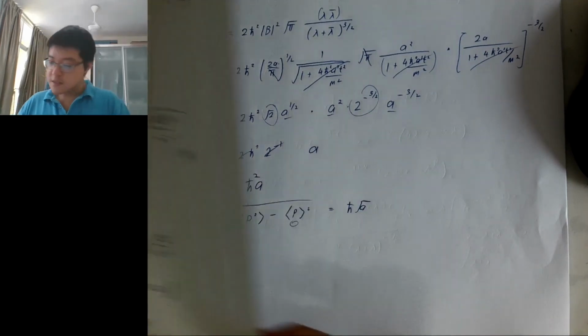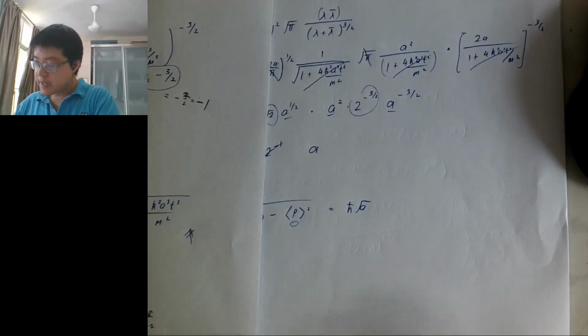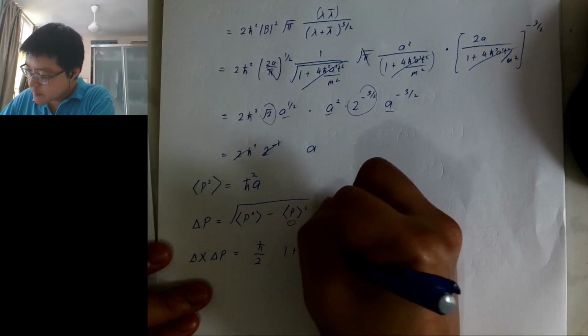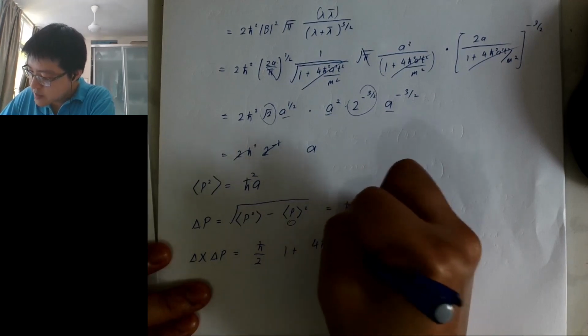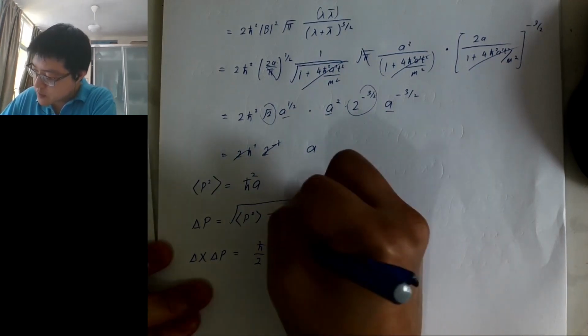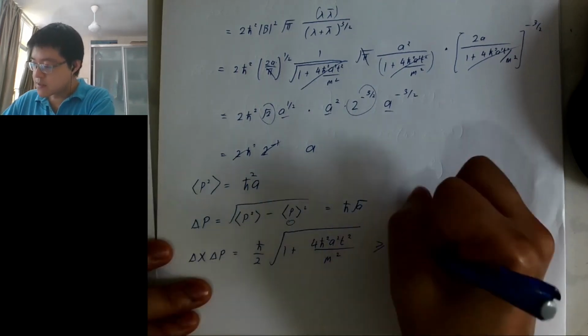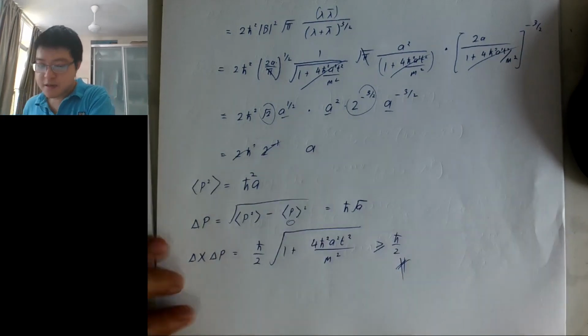So it is just these things. The root a cancels, so I got h bar over 2 times the square root of 1 plus 4h bar square a square t square over m square. And definitely it's greater than h bar over 2. So finally we have found this.